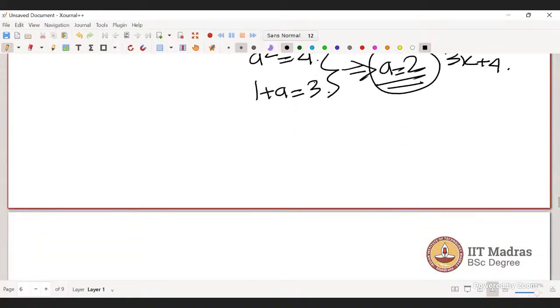Sir, I have one general doubt. Suppose there is an expression root over x square plus 4. If we want to take x square common out of it, the answer is mod x.